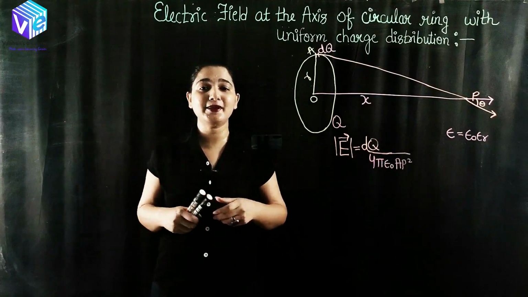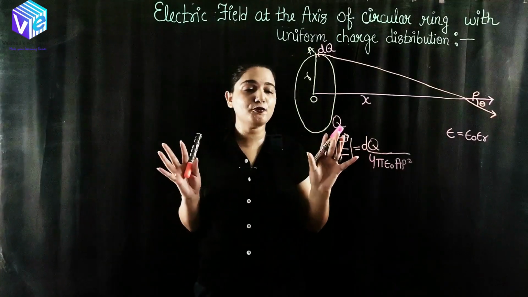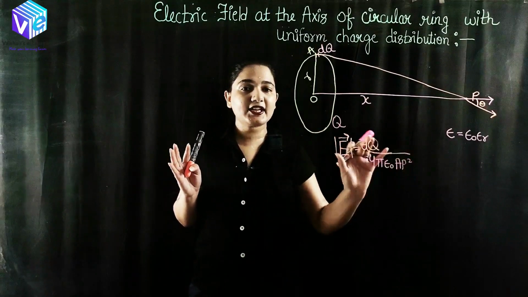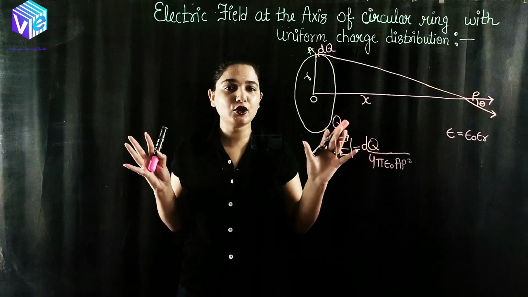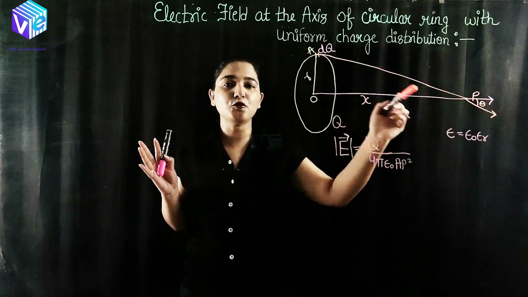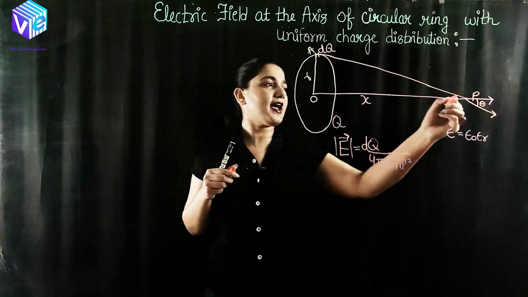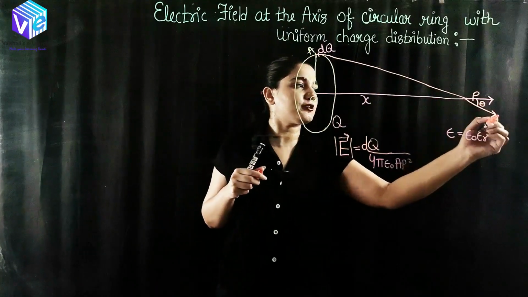Now here we will be using various trigonometric formulas, and I hope you remember the direction. What was the direction of the force in Coulomb's law? It was along the line joining the two points. So if I have the point P and this is the point A, this is my straight line.